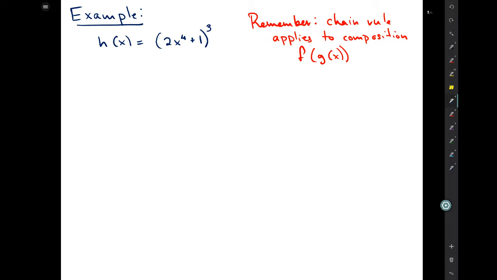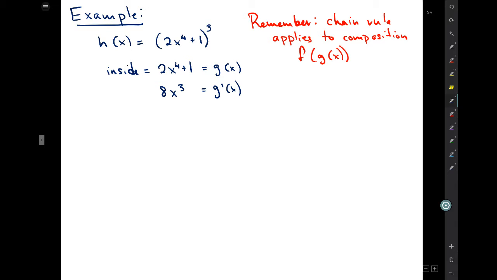So I look at this, and for me personally, it's easier to look at the inside function. Here, my inside function is this 2x to the 4 plus 1, and so that is my g of x. And if I want to take the derivative of that, g prime of x, that is going to be 8x cubed.